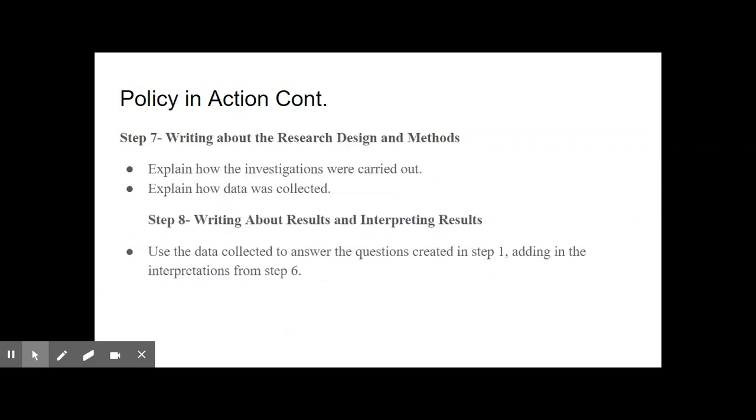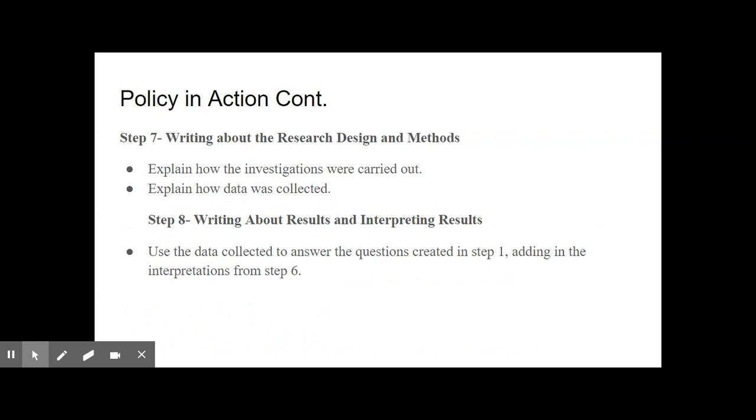So in step 7, you're going to write about the research design and methods. You're going to explain how the investigation was carried out. You want to explain how the data was collected, if you used a questionnaire, what kind of questions, how could they answer, if you used interviews, who did you interview, that kind of stuff. So then in step 8, you're going to write about your results, and then you're going to interpret them.